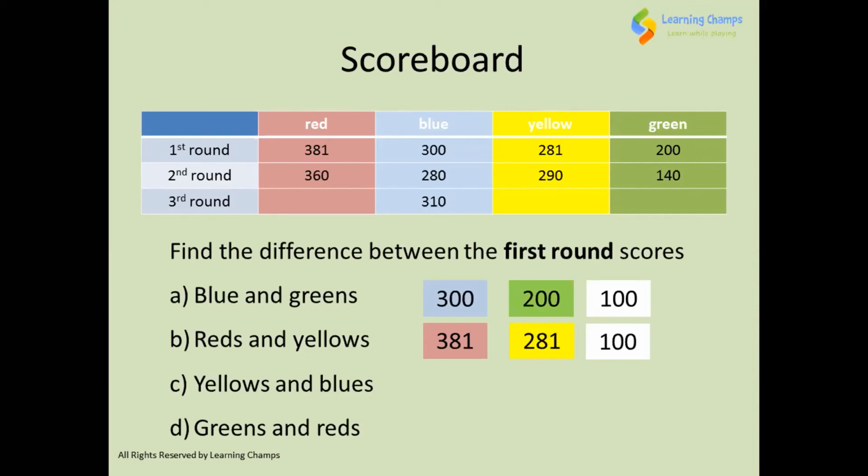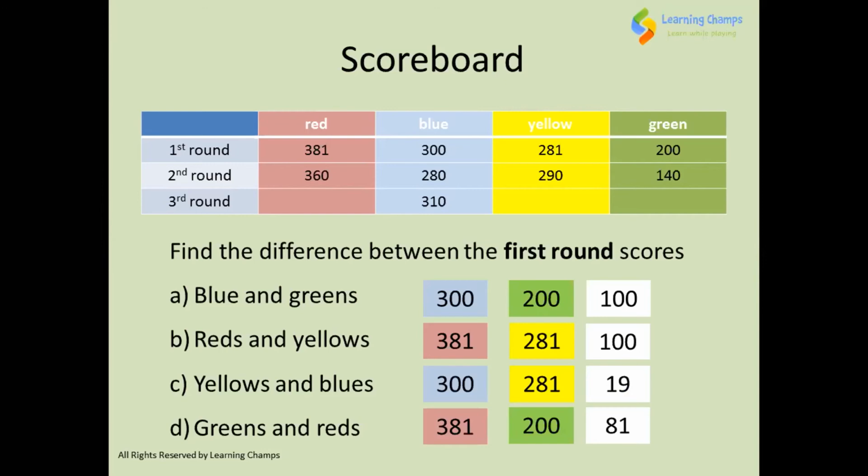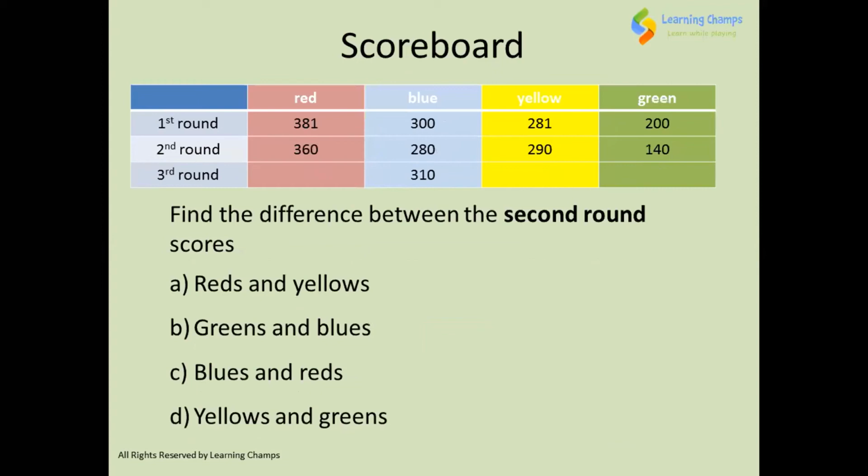Yellows and blues? 19. Yes, very good. Greens and reds? 181. Okay. Look at this one.